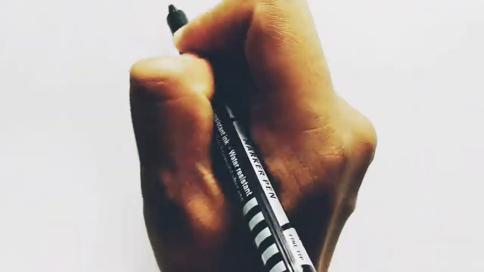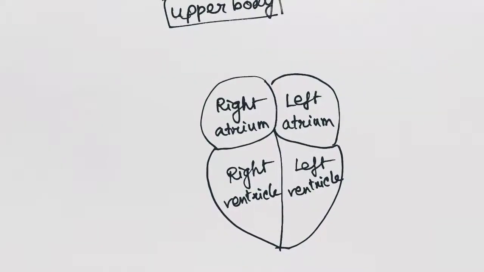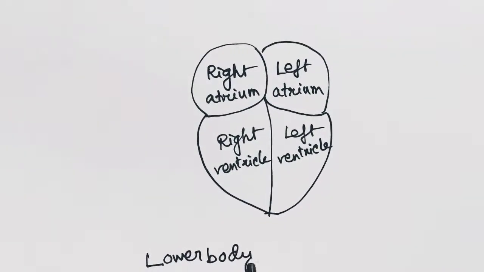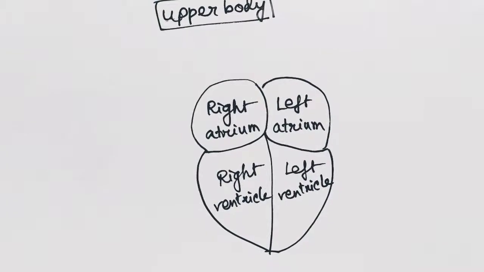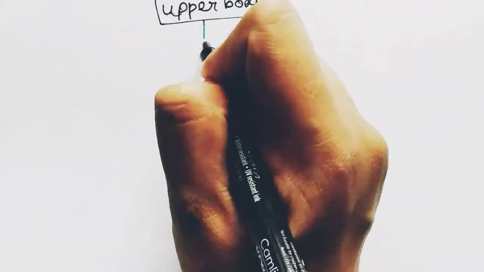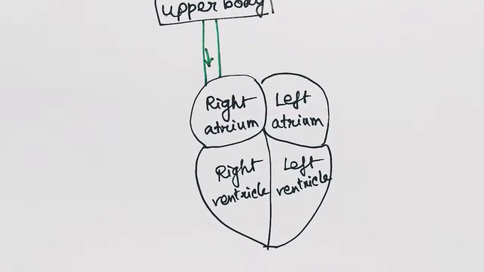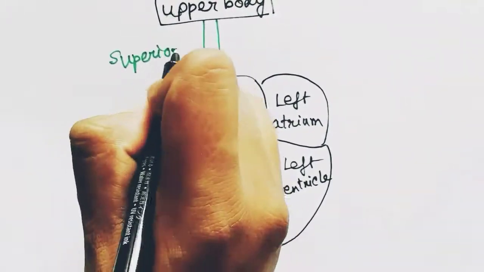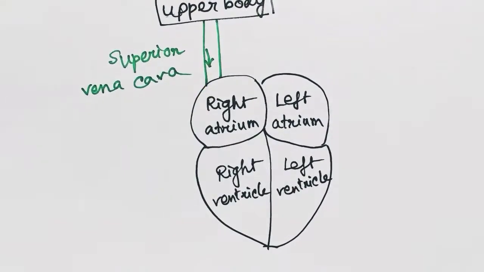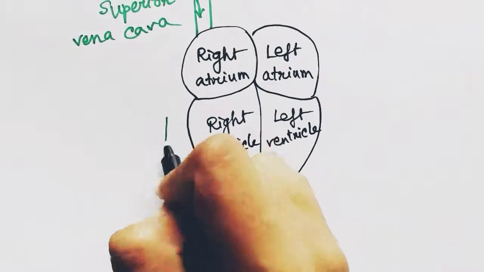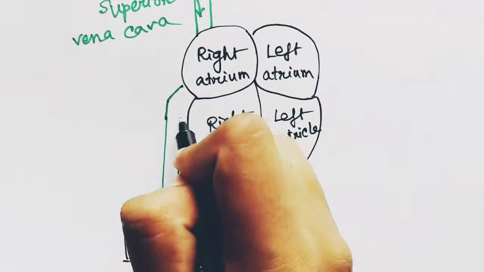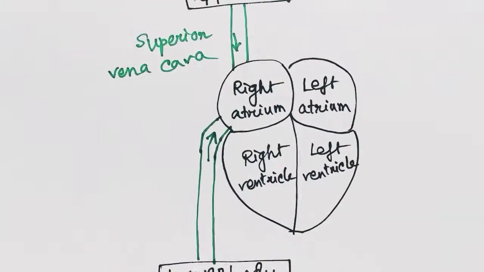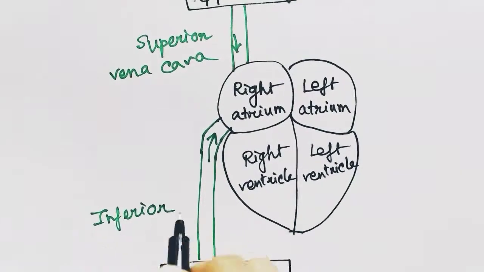From the upper body, the deoxygenated blood will enter the right atrium via the superior vena cava and from the lower part via the inferior vena cava. All the deoxygenated blood will enter the right atrium.